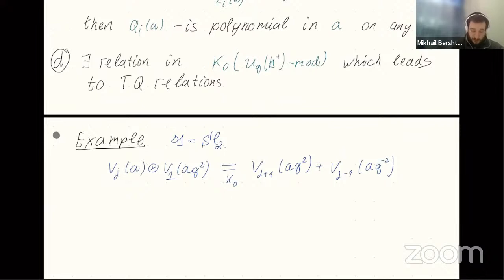Now the representation which I mentioned above, L plus of A, is, in quotation marks, the limit of V_j of A, where j goes to infinity and A cubed in power j goes to 0.